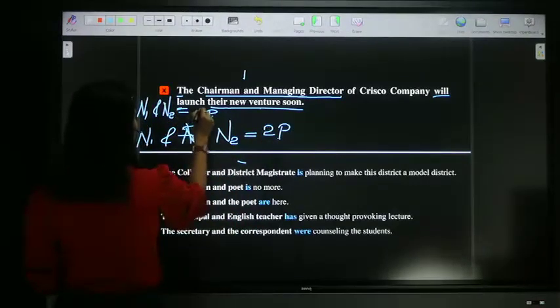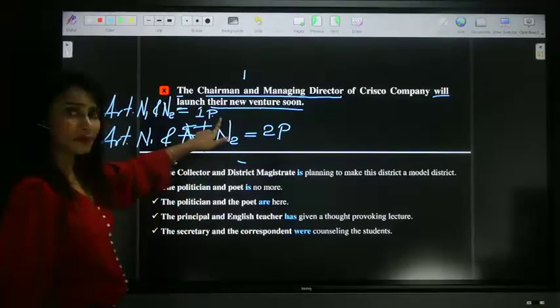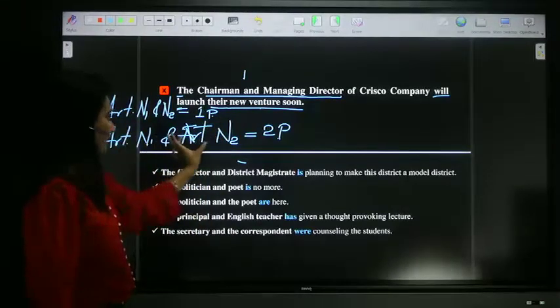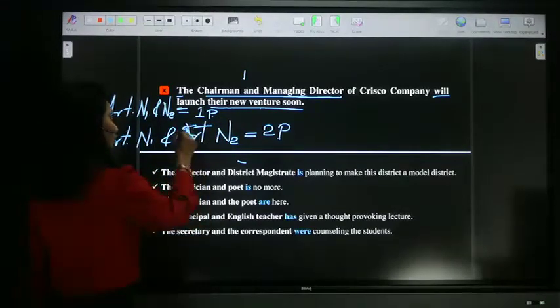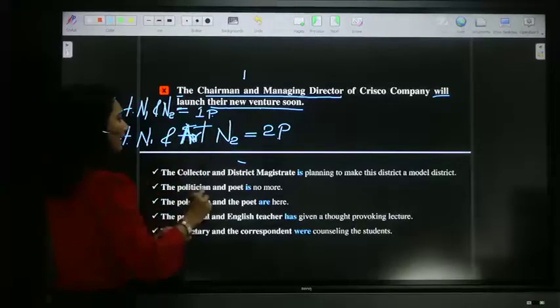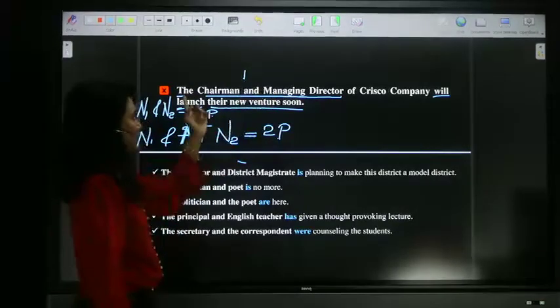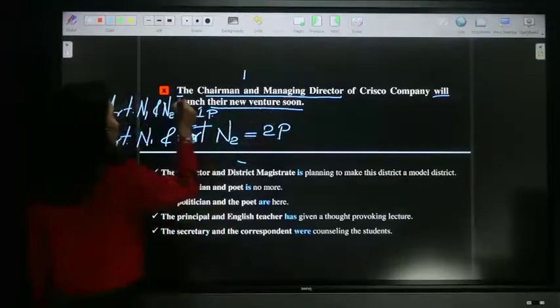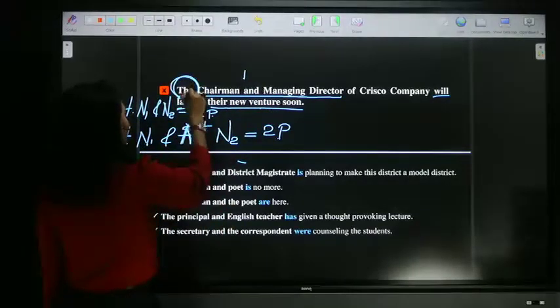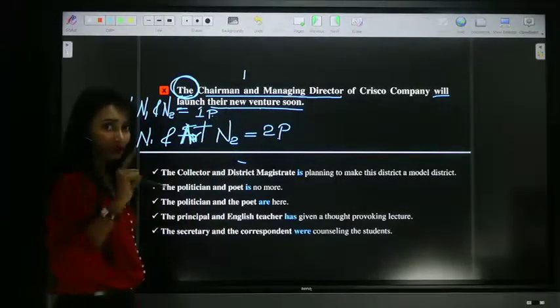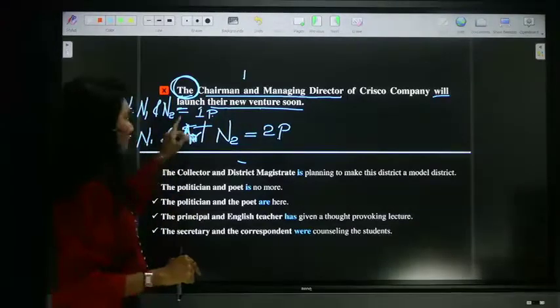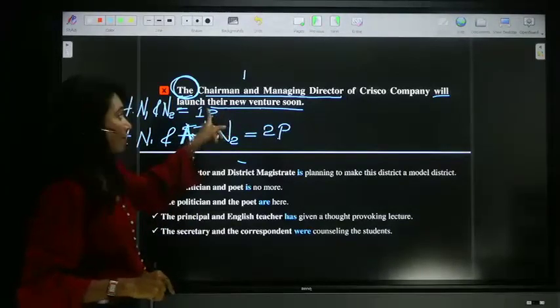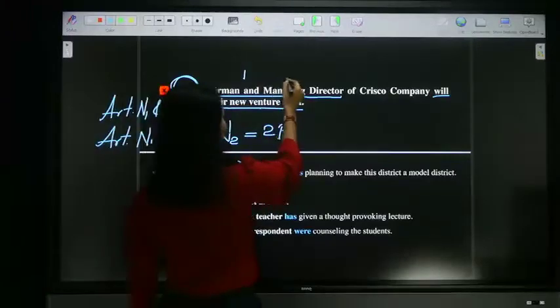So if only one article is there, it means one person. If two different articles are there, it means two different persons. How many articles do we have here? The chairman and managing director. There is only one article, that is the. That means only one person, and one person means the subject is singular.